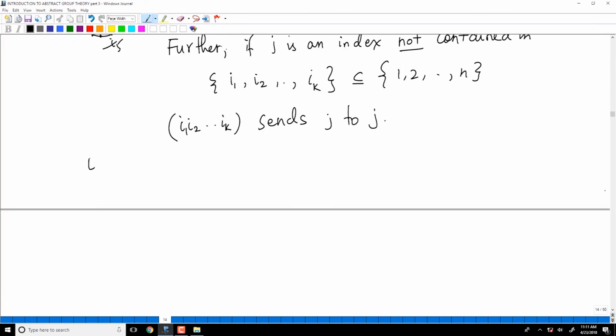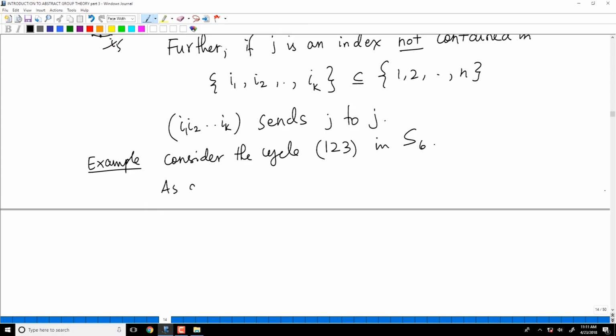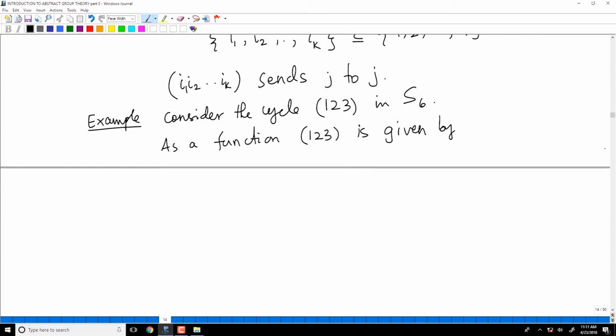As an example, consider the cycle, let's say 1, 2, 3 in S6. What does it do? As a function, 1, 2, 3 is given by, S6 is the symmetric group on 6 letters, which are 1, 2, 3, 4, 5, 6.